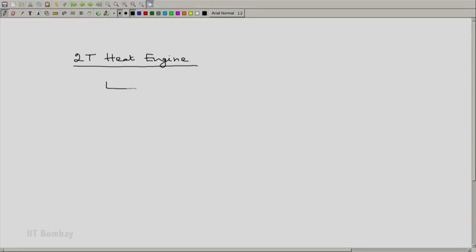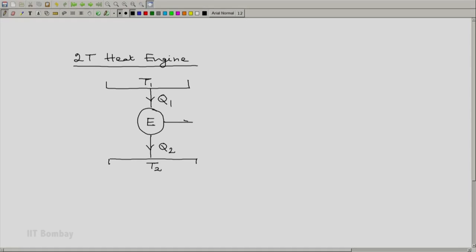Now we say, let us have one reservoir at some temperature T1, another reservoir at some temperature T2, and this is our engine E. But now it absorbs heat Q1 from the reservoir at T1 and rejects heat Q2 to the reservoir at temperature T2.